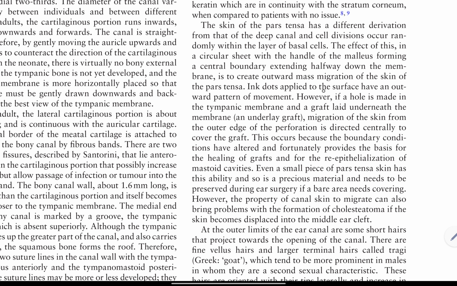Ink dots applied to the surface have an outward pattern of movement. However, if a hole is made in the tympanic membrane and a graft laid underneath the membrane, an underlay graft, migration of the skin from the outer edge of the perforation is directed centrally to cover the graft.